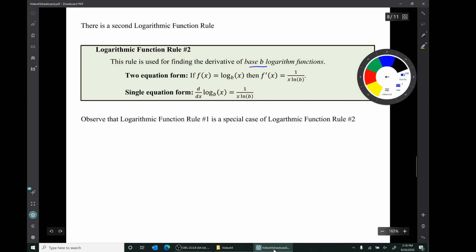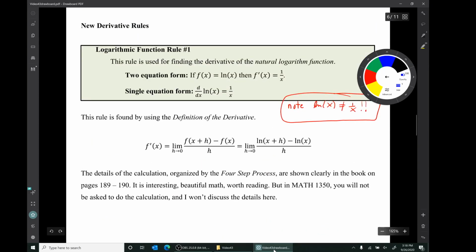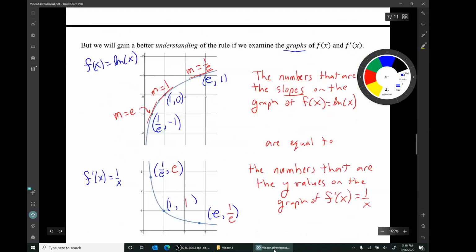Now, log function rule number 1 is actually just a special case of log function rule number 2. What do I mean by that? Let's go back up and look at log function rule number 1. It has a left side that is d dx of ln of x, and a right side that's 1 over x. Well, let's see if we can get this rule by using log function rule number 2.